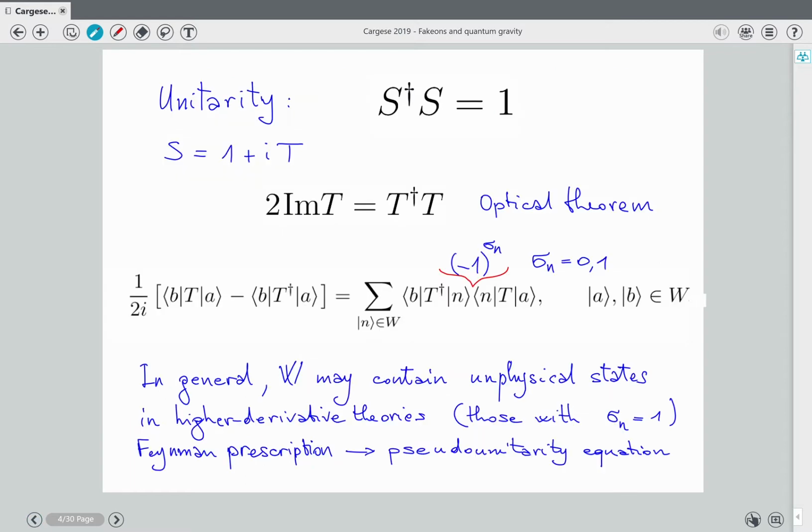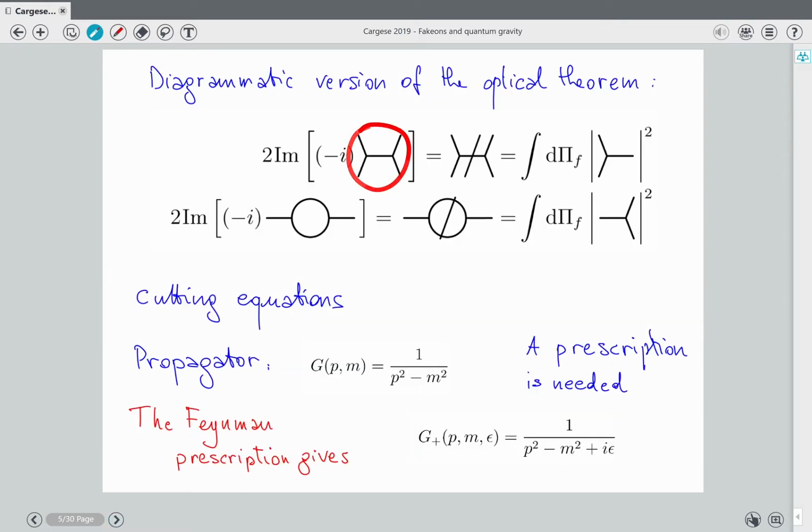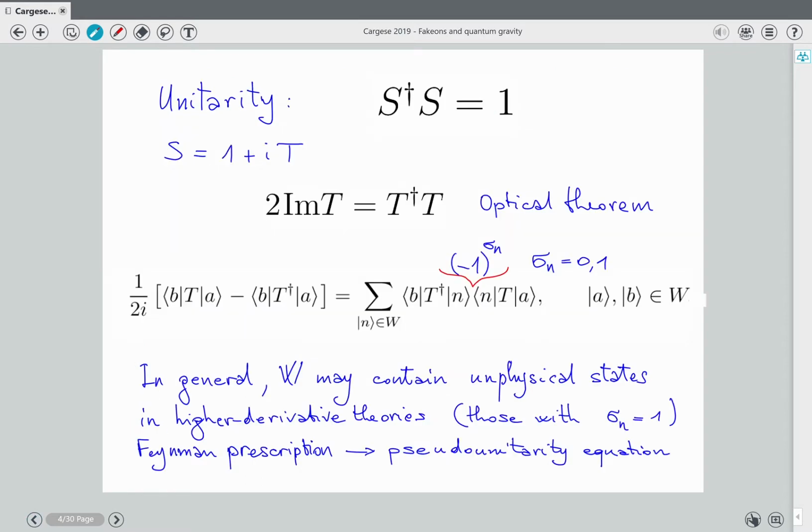An important thing of this equation is that it is quadratic. Not linear, quadratic. That means that it mixes different loop orders of your expansion. So for example, here you have a tree diagram, here you have a tree diagram, and here you have a one loop. So that tells you that tree level talks with one loop. And you have to be careful when changing your quantization prescription, because you cannot just, for example, throw away some states from your Hilbert space.